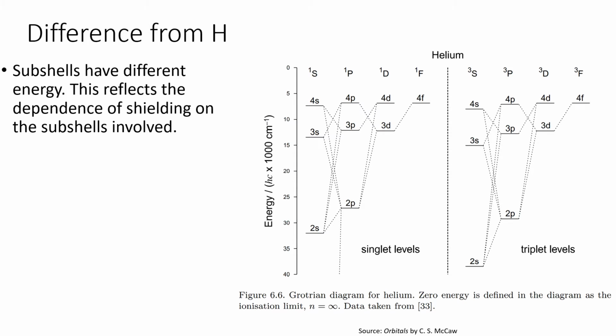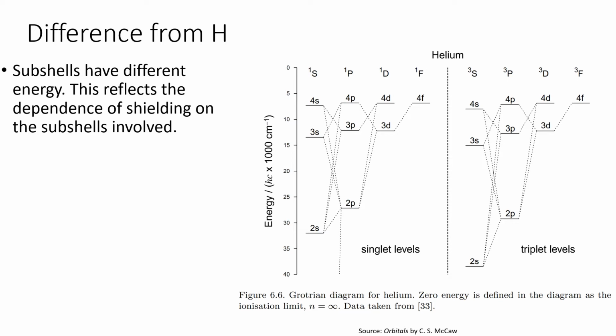So there are a few things to say about the difference from hydrogen, and perhaps the first thing to say is that the subshells in these diagrams are not all the same energy. And this is one of the slightly surprising features we see in the hydrogen spectrum, that all the subshells appear at the same energy within a given shell.